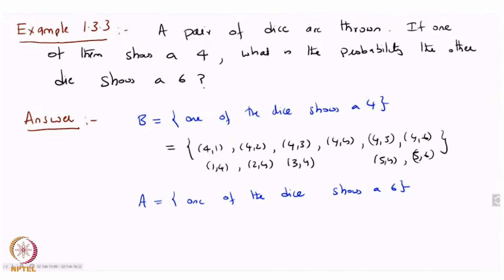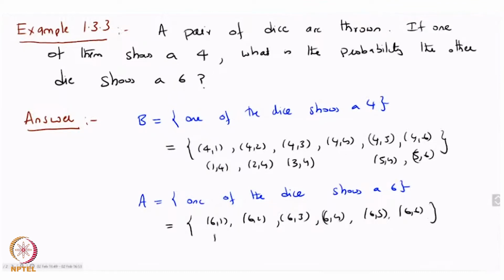So here, what happens is that A is going to be equal to, with one die showing the 6: 6,1; 6,2; 6,3; 6,4; 6,5; 6,6. That's one.